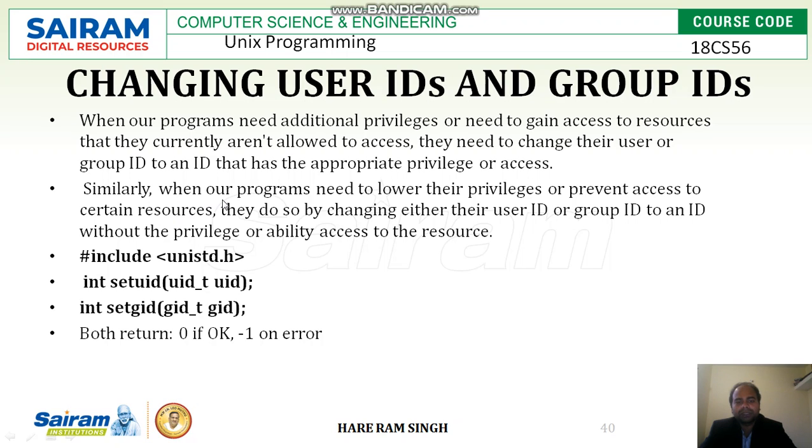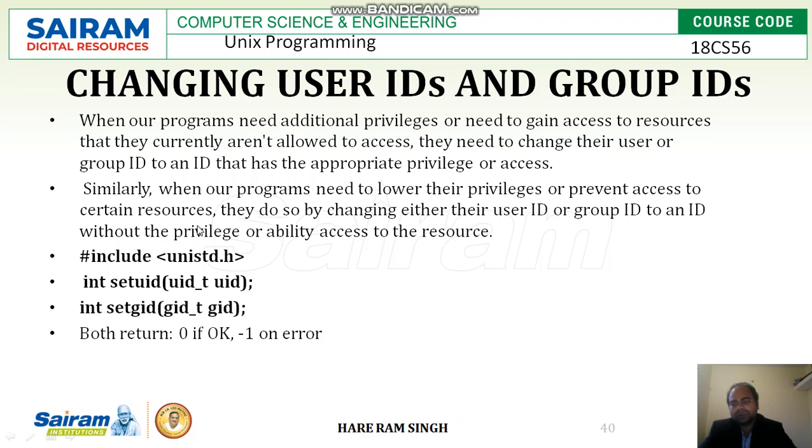So when a program needs to lower its privilege to do some work, or to prevent access to some resources, at that time also we need to change the user ID or group ID.